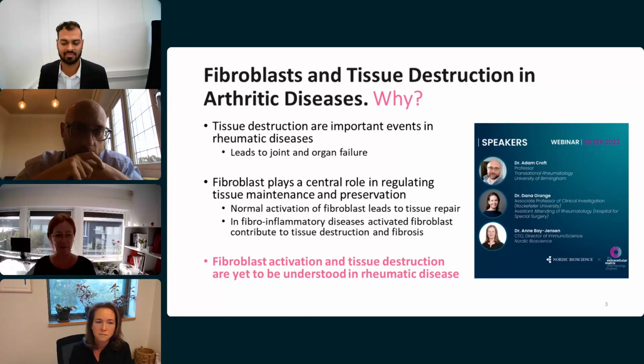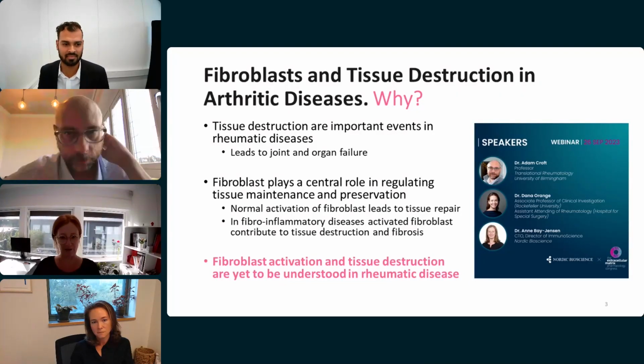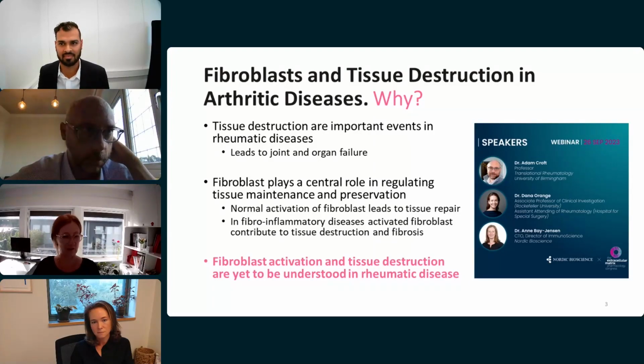When fibroblasts are activated in the wrong way, and I don't know what the wrong way is, I hope we will learn something about that shortly, then the connective tissue in the joints weakens and breaks down. This can lead to joint instability, pain, and disability for the patient. Needless to say, fibroblast activation plays a central role in regulating tissue maintenance and preservation.